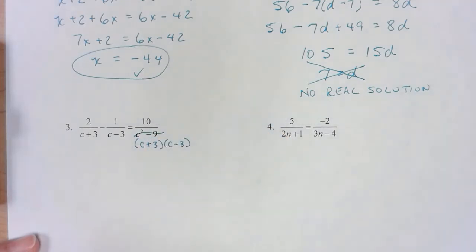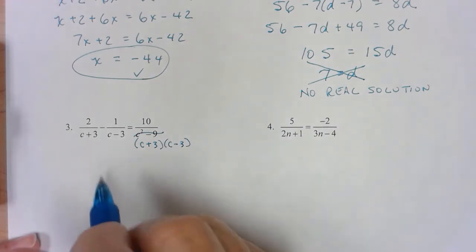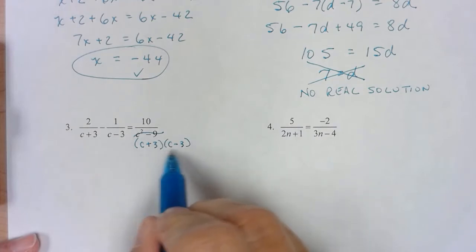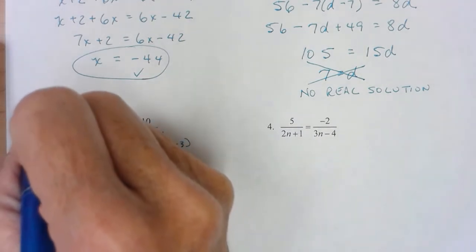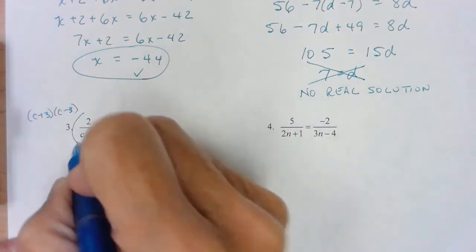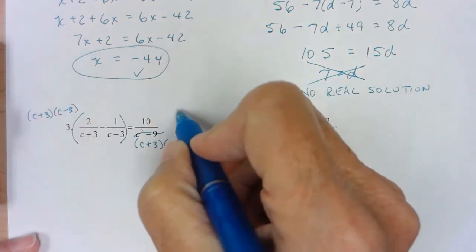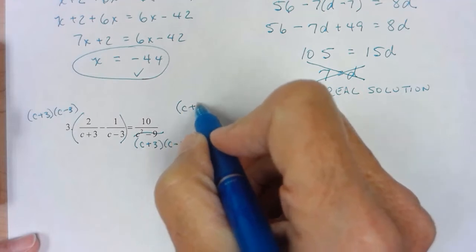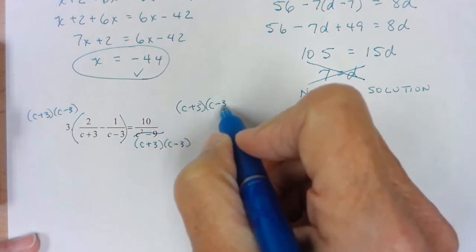I'll squiggle that out. I don't need to worry about that anymore. My LCD on this will be a combination of these two, which is what I've got over here. So c plus 3, c minus 3, got to multiply this side, and I've got to also multiply this side.